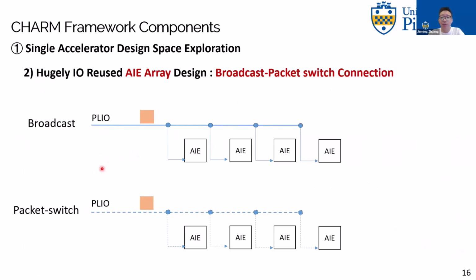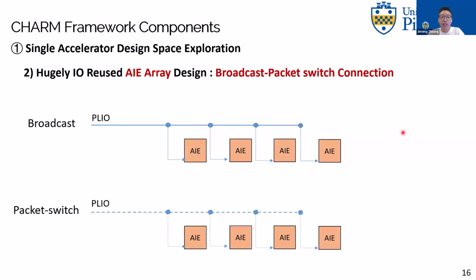The main difference between these 2 mechanisms is that when using the broadcast, the same data will be sent to different destinations at around the same time. For packet switch, the different data will be time multiplexed and sent to different destinations at different times.